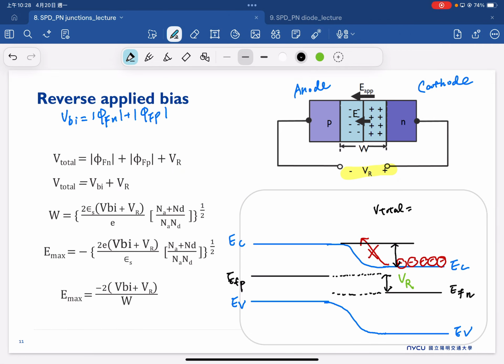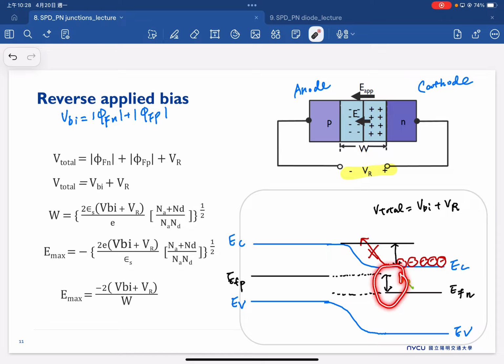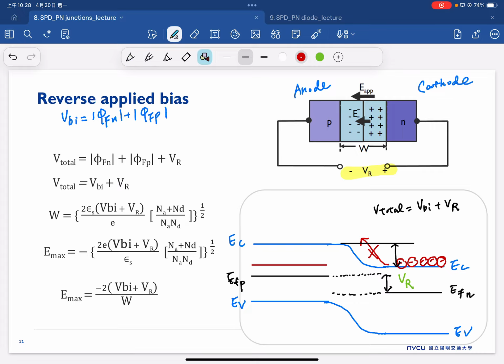It should be our original one without any bias, VBI, plus the additional VR, because now we give the additional VR here. And the intrinsic Fermi energy is still the same. This is our EFI.